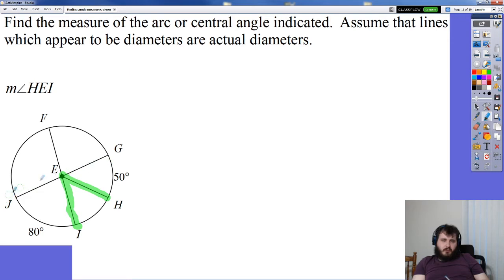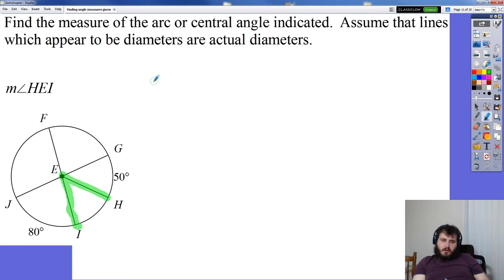straight line across the circle through the center. This is a diameter. This is 180 degrees from G all the way to J through H or through I, right? Arc GHJ is a semicircle. So it's 180 degrees. So we've got one piece is 50, one piece is 80, and what's the missing piece, right? So let's do that.